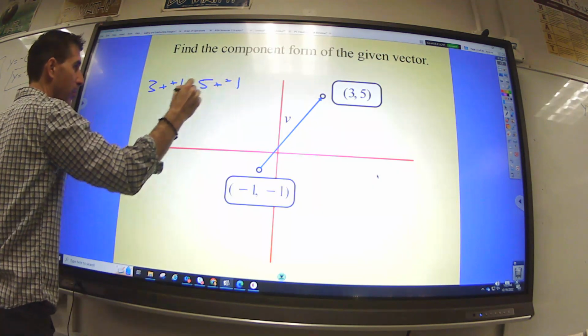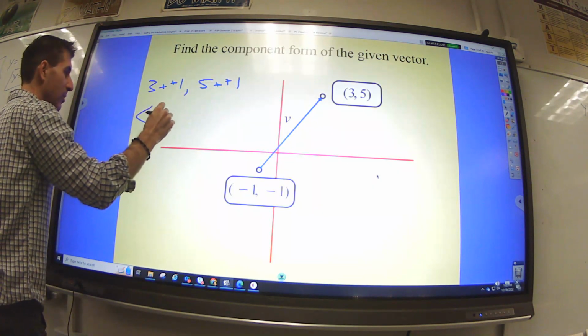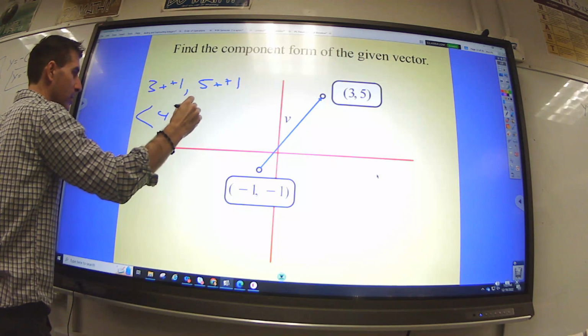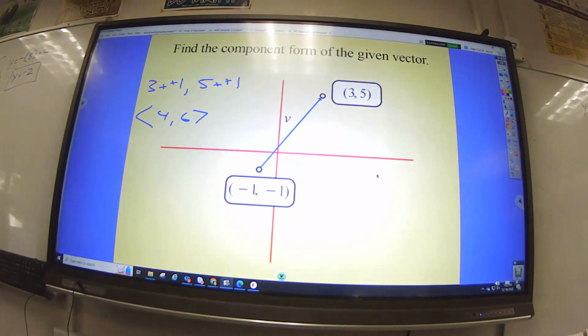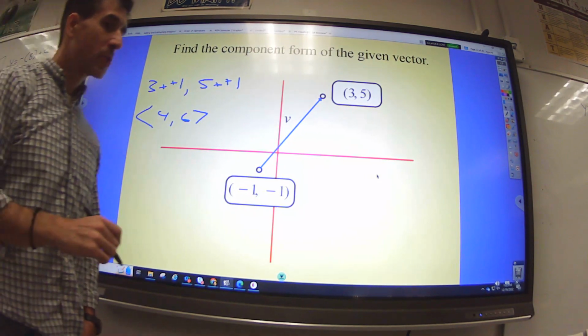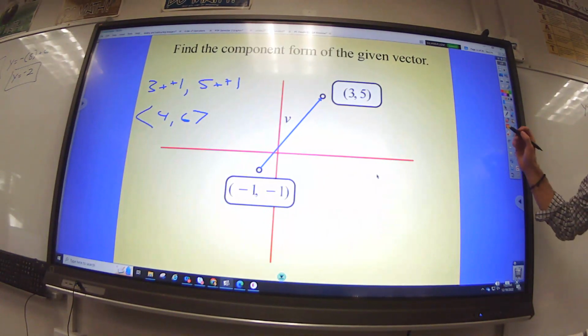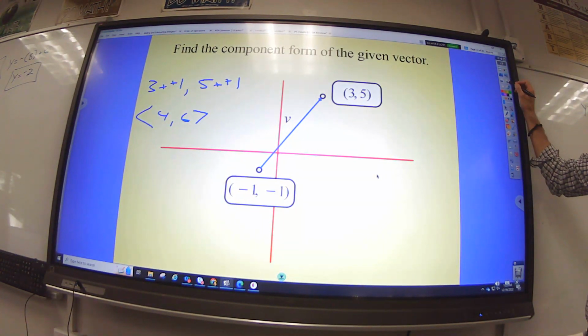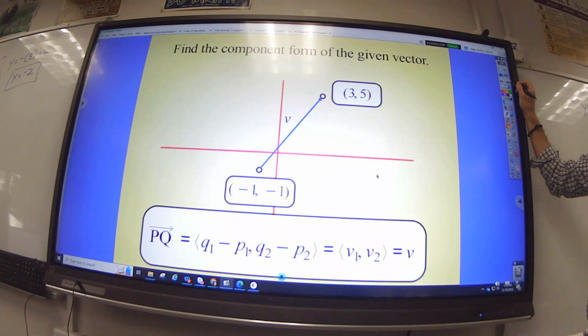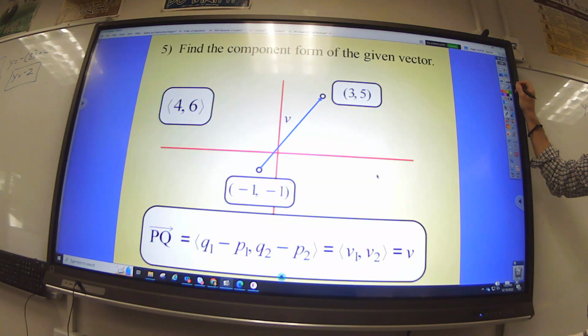Remember, we write it as 4, comma, 6. So if I ask you the component form, what am I going to ask you next? You guys, the magnitude. So it'll be 16 and 36.